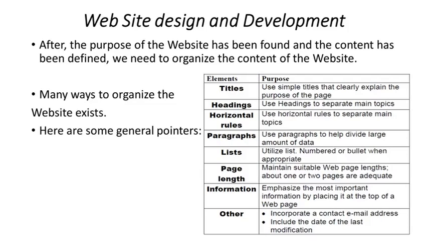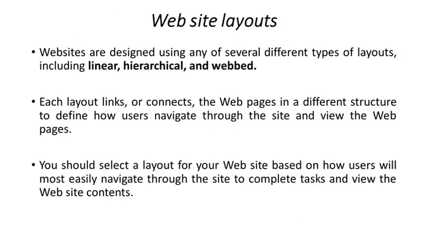So I'm moving on to the next slide. Now, as we have discussed, there are certain website layouts. Okay, the method, the model, how we are displaying. So when we see for a website to be designed, we have three different types of layout called linear, hierarchical, and webbed.